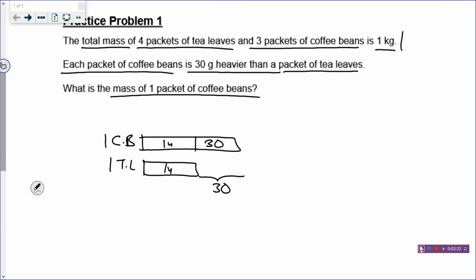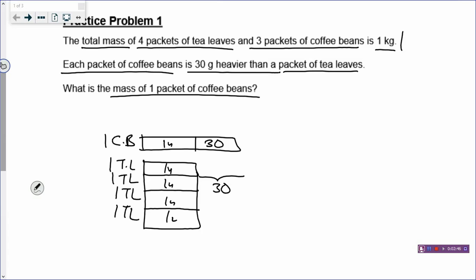So let's continue to draw the model. We jump back to the first sentence. Total mass of 4 packets of tea leaves. So what you see is 1 packet of tea leaves. So what do you do? You stack down. Alright. So in our earlier lesson in 2019, I've taught you how to draw a stacking model. So you have to stack downwards and you cut 3 more rows. Right, and then now you have 4 packets of tea leaves, and of course you label, and you have 1 unit in all the boxes.